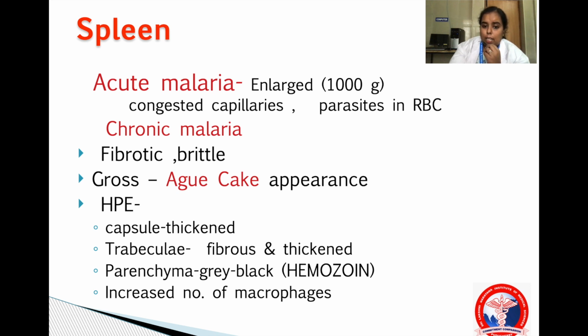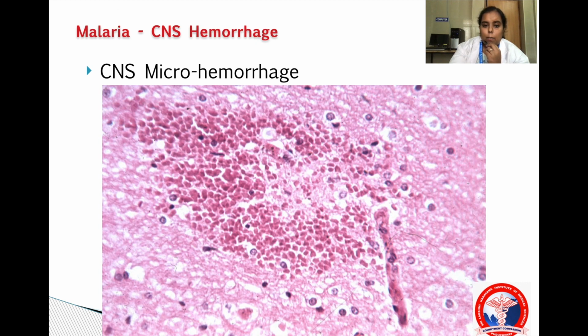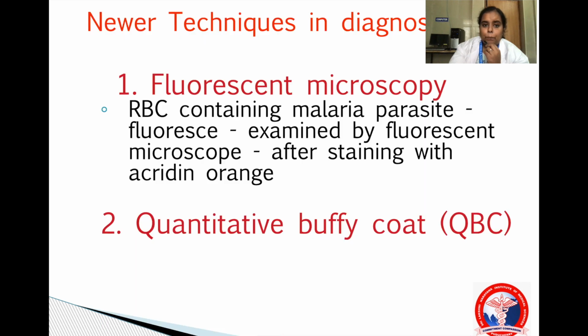Parenchyma appears grey-black because of the hemozoin pigment, and there will be an increased number of macrophages. You can see there is capillary sludging with RBCs infected with the malarial parasite. In the CNS, there can be microhemorrhages or ring granulomas.